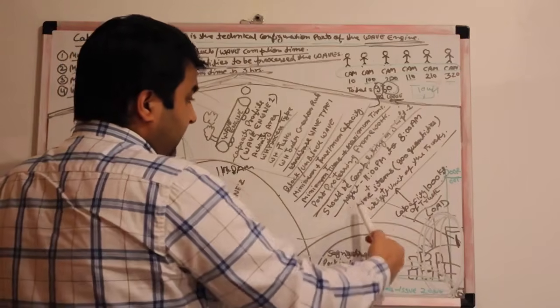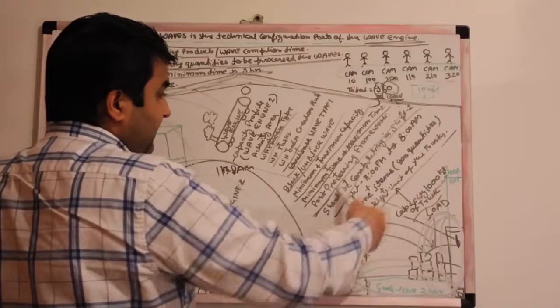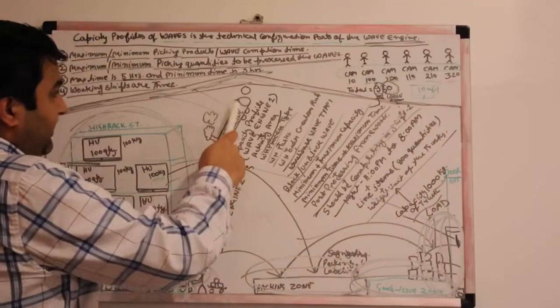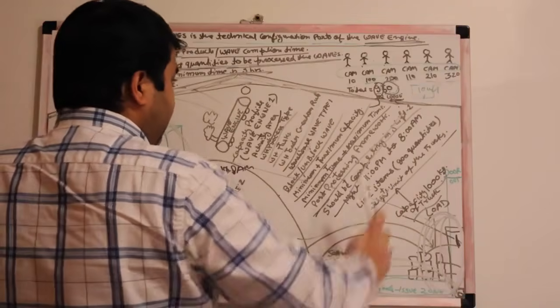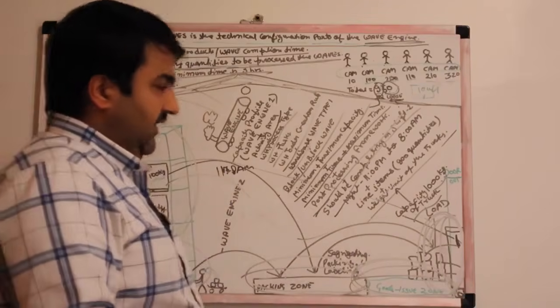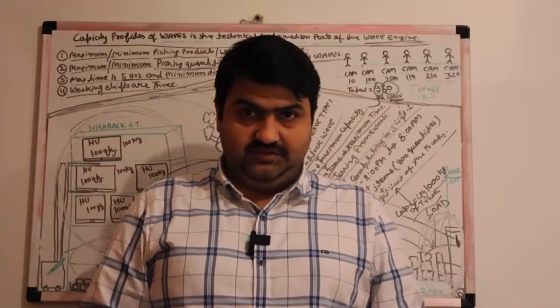Night, okay, in my example, and line item 900 quantities. So these are the line items, okay? Wave engine contains line items, these all the properties, weight unit of the trucks, okay? So these all the properties are contained by the wave engine.